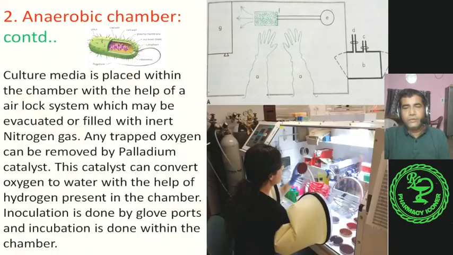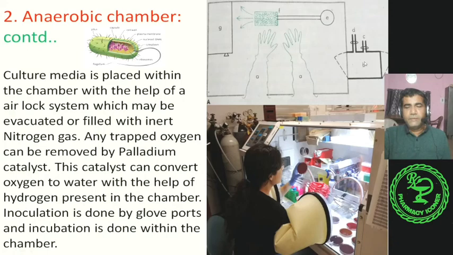Here you can see the original photograph of an anaerobic chamber. The culture media or other ingredients are first placed here in this B zone. Before putting those things in, this chamber is freed from oxygen: nitrogen is entered and oxygen is released.